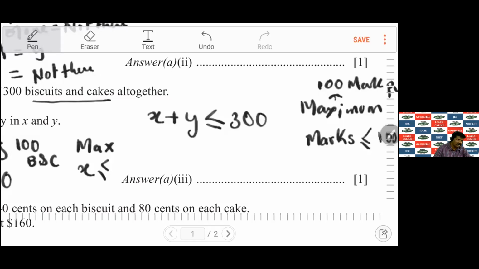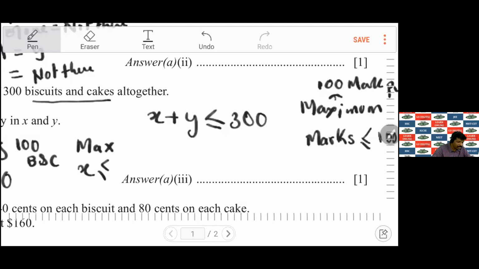So that watchman will count your number of bags, and then he'll tell you, you can go. In the same way, here, how many products have you brought? According to product, you have brought 2 products, that is biscuit and cake. Biscuit, you might have brought something. Cake, you might have brought something. So total means what happens? Total number of cakes and biscuits. So what is the total number of cakes and biscuits?